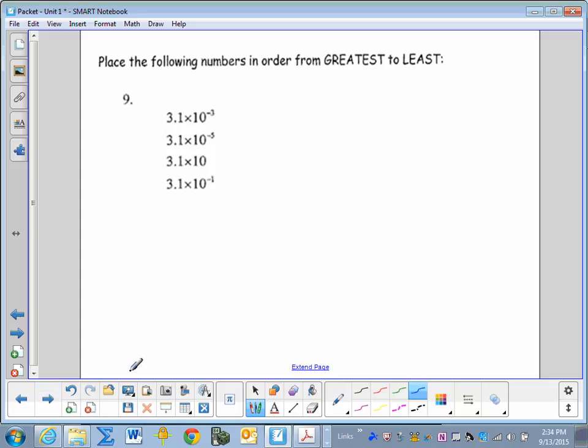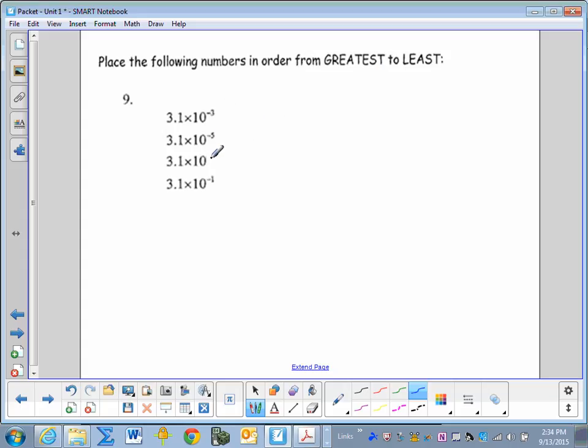Place the following numbers in order from greatest to least. Go ahead and try that on your own. So here we have 3.1 times 10 to the something, and the exponents are varying. If we want to go from greatest to least, let's find the biggest exponent. We have a negative 3, a negative 5.